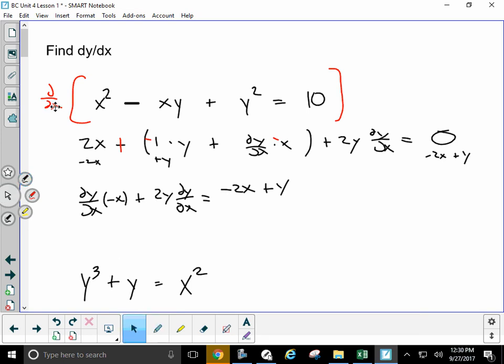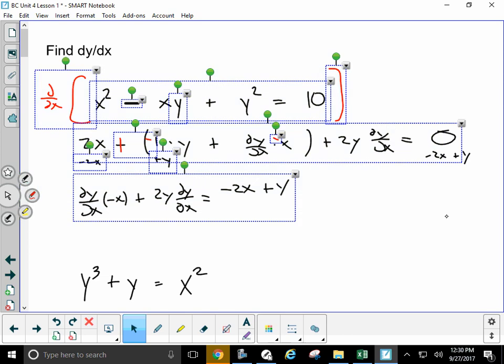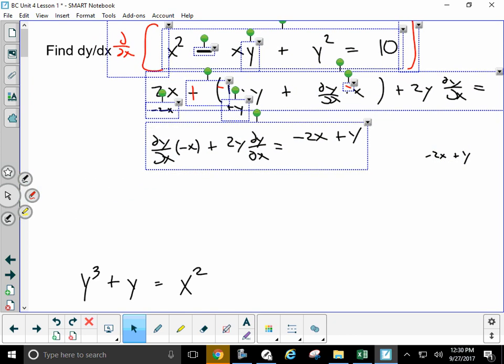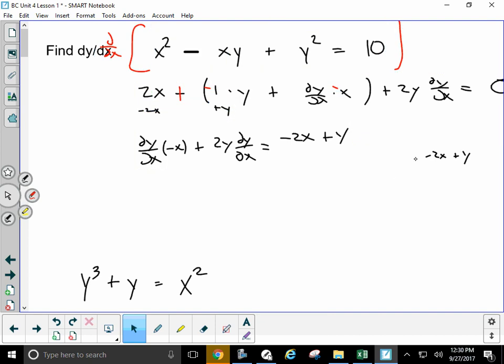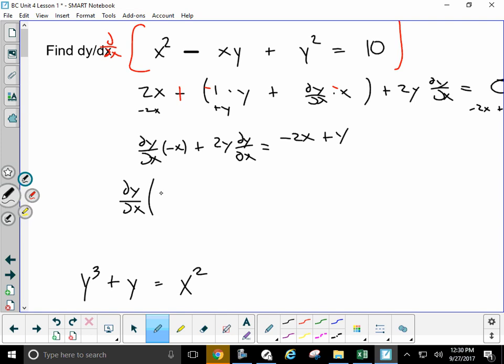Okay, good. Now, I need to solve for dy/dx, but I have two of them. What do I do? I factor out a dy/dx, and you'd end up with (negative x plus 2y) times dy/dx.